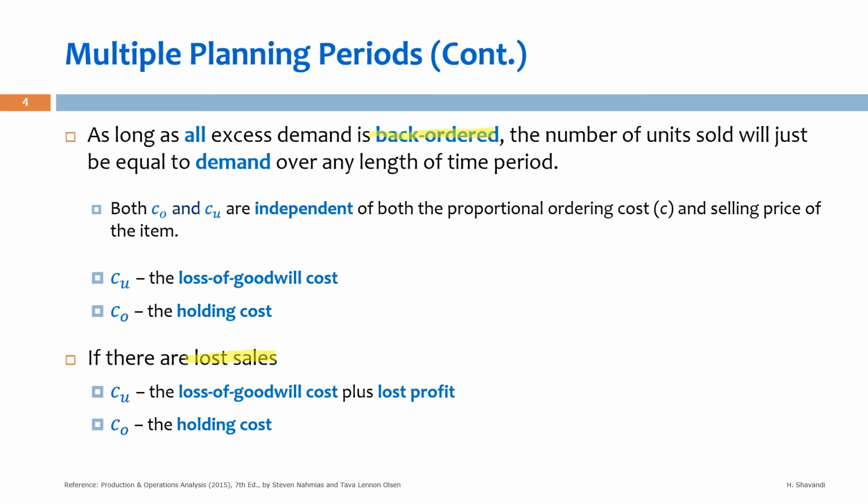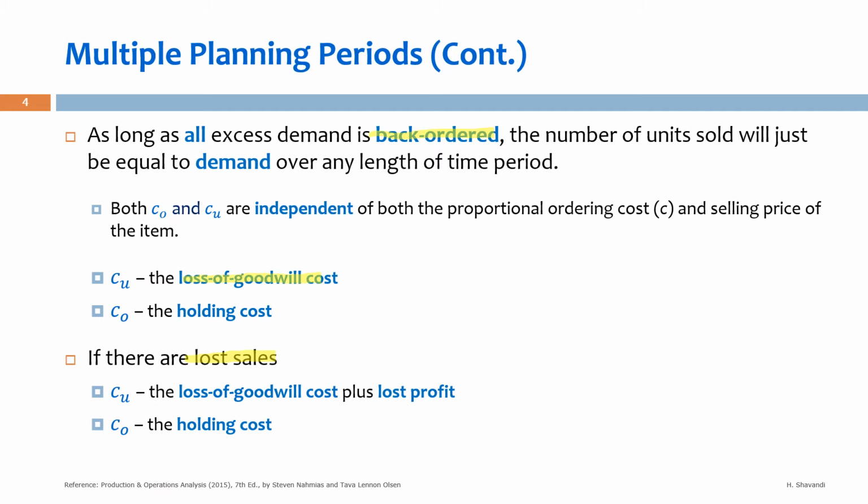So here for the back order, the customers will have the loss of goodwill cost. Customers become somehow unsatisfied, right? I mean, they won't be happy if they have to wait a while to have the goods.